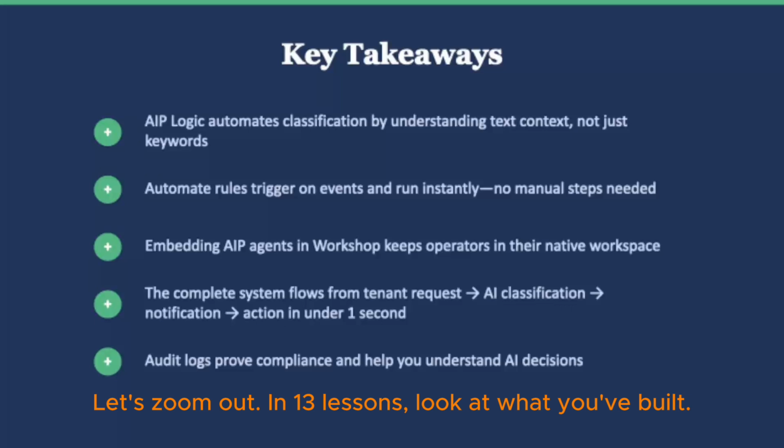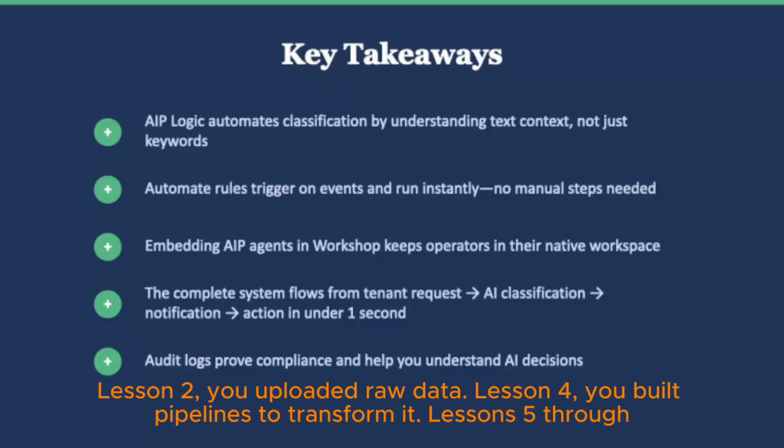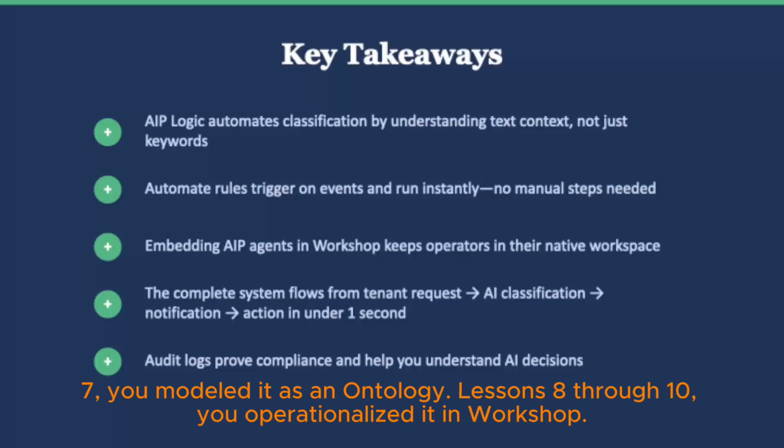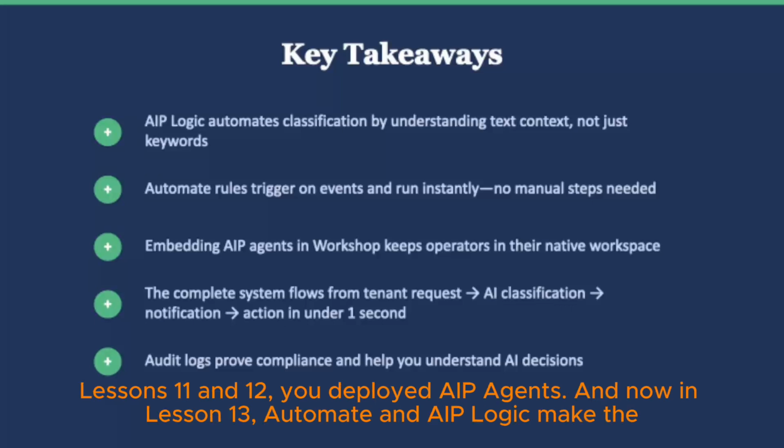Let's zoom out. In 13 lessons, look at what you've built. Lesson 2, you uploaded raw data. Lesson 4, you built pipelines to transform it. Lessons 5 through 7, you modeled it as an ontology. Lessons 8 through 10, you operationalized it in workshop.